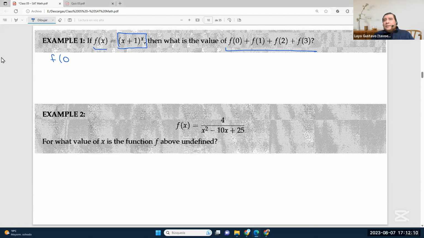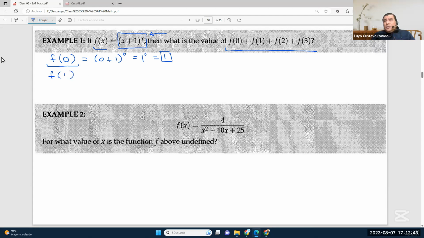Example: what would F of 0 represent? It represents the output value of this expression when you replace 0 where X originally was. So it would be (0 plus 1) to the 0, in other words, 1 to the 0, or simply 1. This is the value of F of 0.